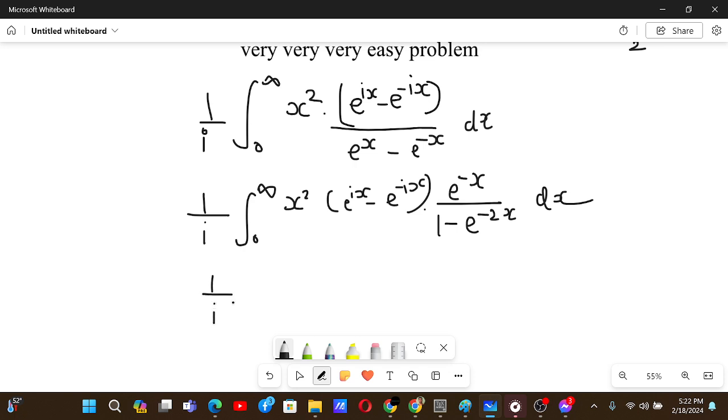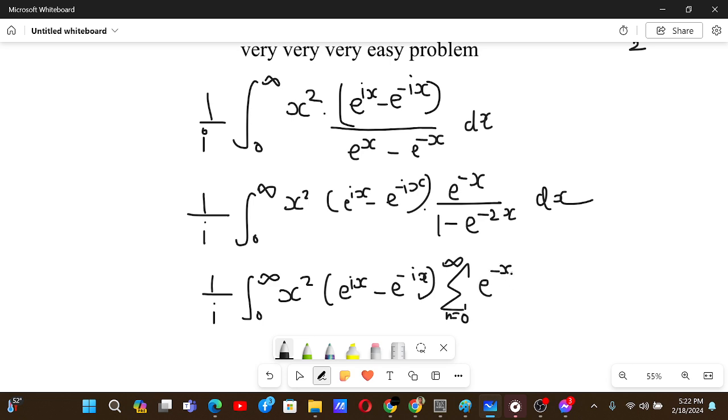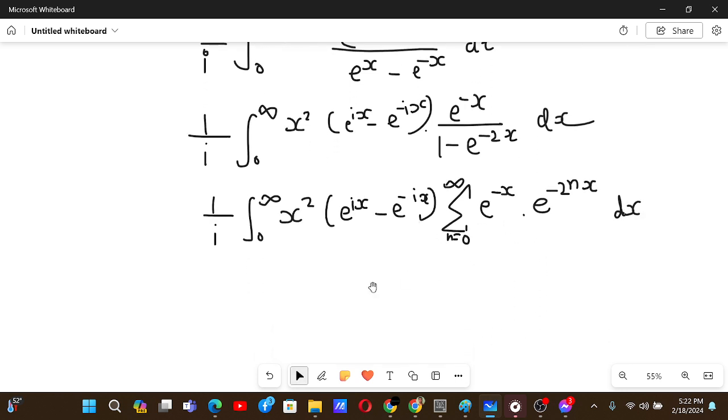Okay, so 1 by i, integral from 0 to infinity x square, e to the power ix minus e to the power minus ix, and then this is sum going from n equals 0 to infinity of e to the power minus x times e to the power minus 2nx. Now let's take these constants inside the sum and interchange the sum and integral.